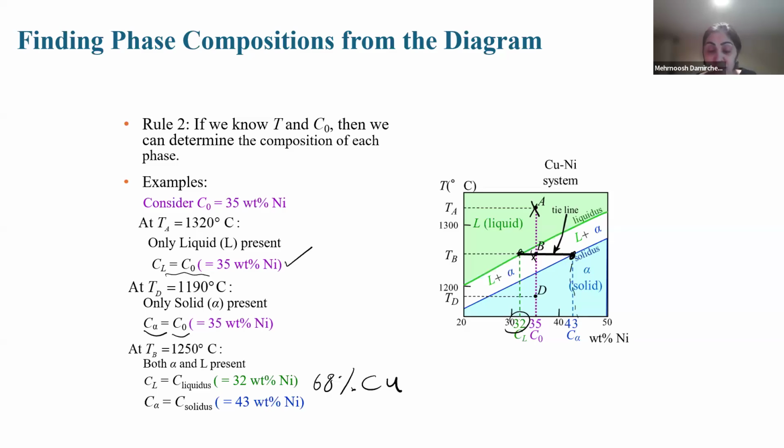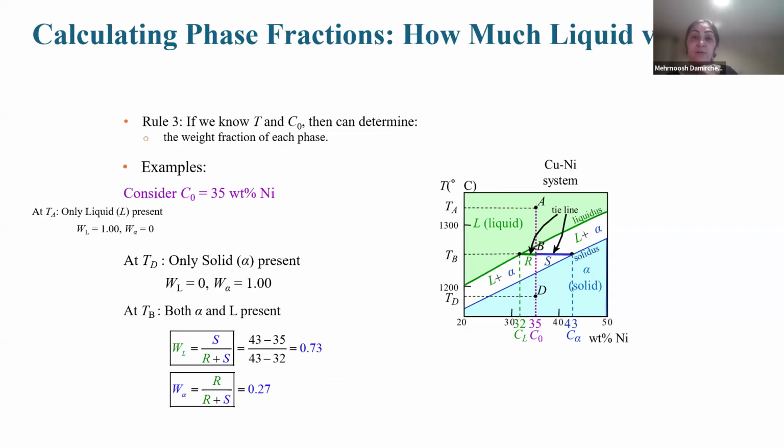So the weight percent of the nickel in phase alpha, or in solid solution, is 43% nickel, or 57% copper we have in alpha phase. So that is rule 2. Next, calculating phase fractions: how much liquid versus how much solid we have.